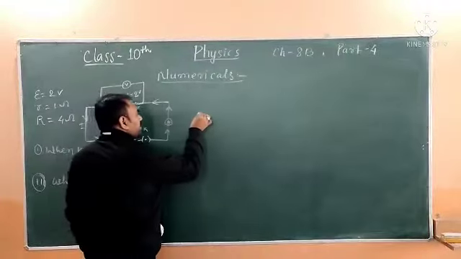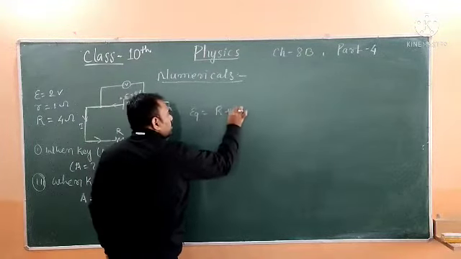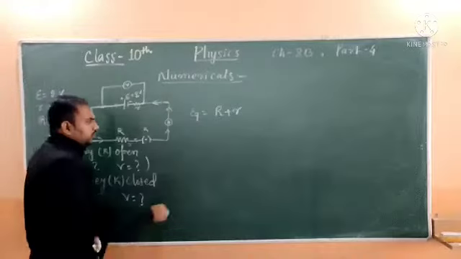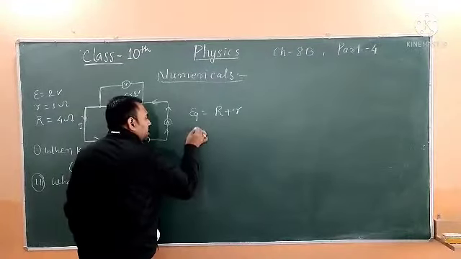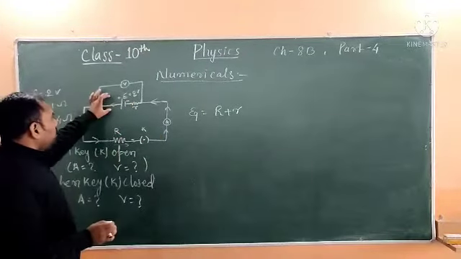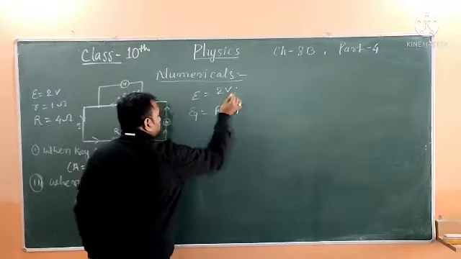So the equivalent resistance will be equal to R plus r. Otherwise you will use a simple formula. I am bringing a simple formula and explaining it a little to you. Please understand. EMF is equal to 2 volt.